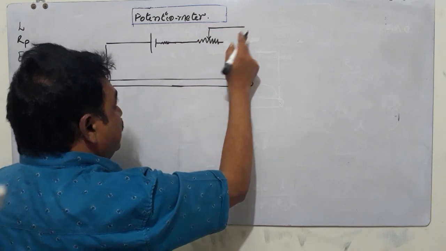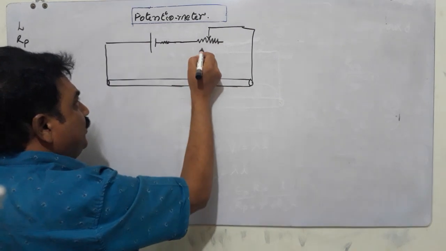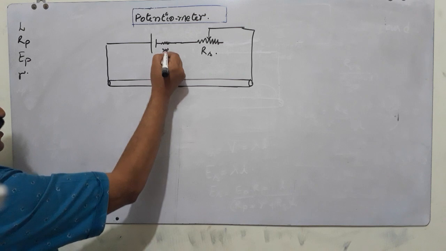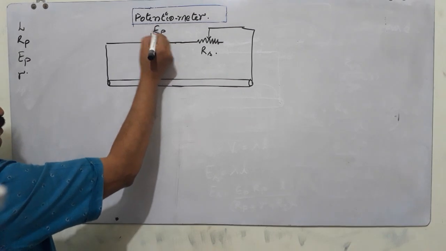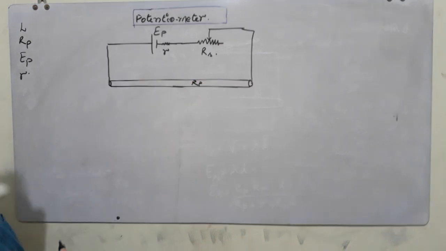This rheostat can add some resistance to this circuit. That resistance is Rs, and this is r, this is Ep, and inside this there is resistance Rp.